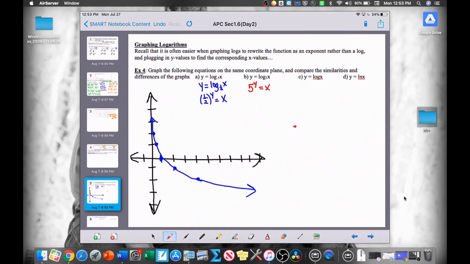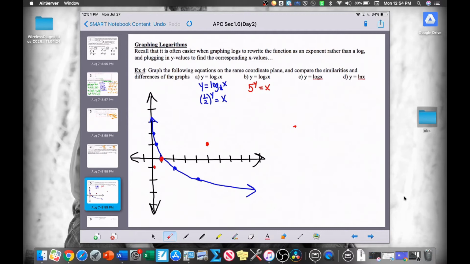So our x value is going to be 25 when y is 2. When y is 1, 5 to the first power is 5. So that point's going to be right there. When y is 0, 5 to the 0 power is 1. When y is negative 1, 5 to the negative 1 power is 1/5.